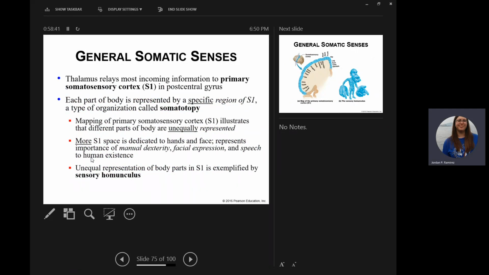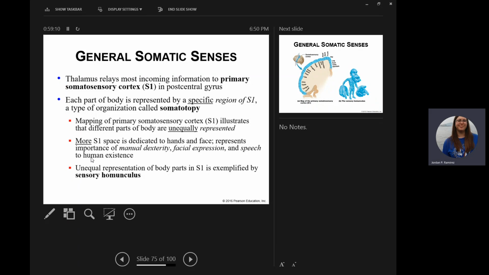All right, so the thalamus relays most incoming information to the primary somatosensory cortex. So again, a specific part of that cerebral cortex in the postcentral gyrus. It's talking about a specific area, basically. Each part of the body is represented by a specific region of S1, or the somatosensory cortex, in a type of organization called somatotopy.